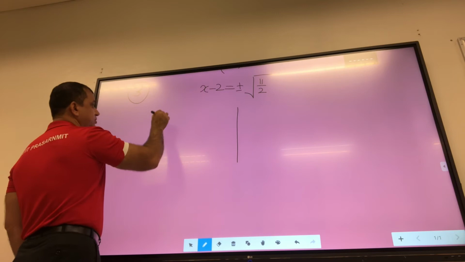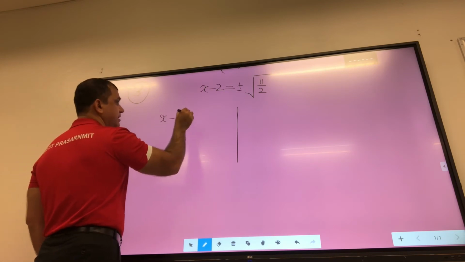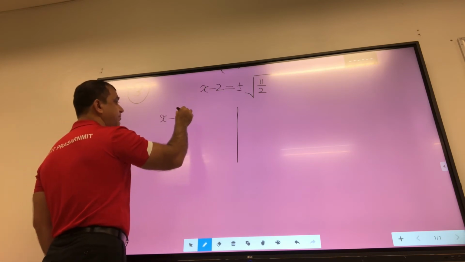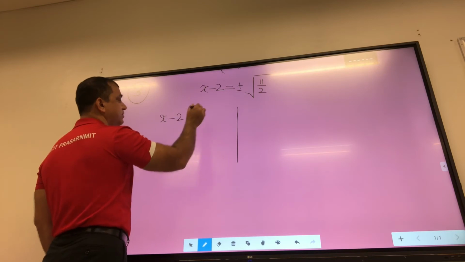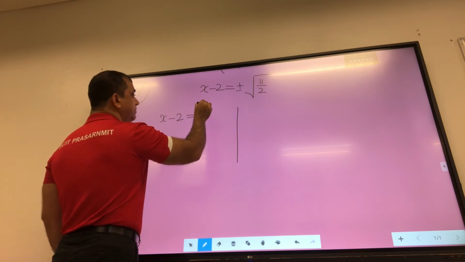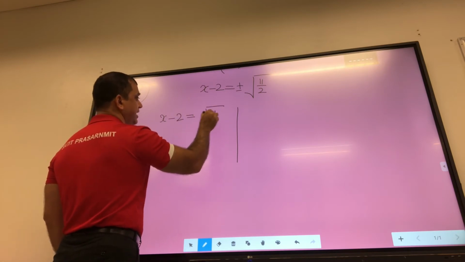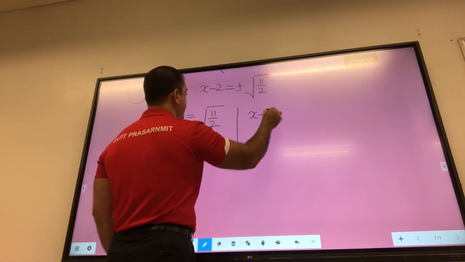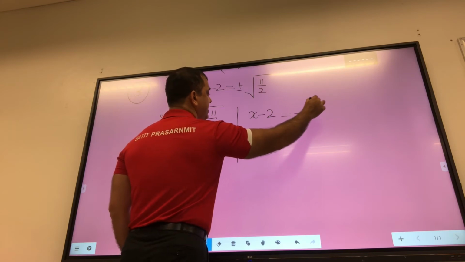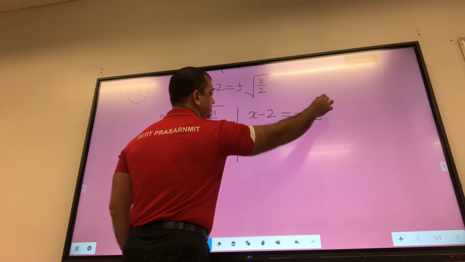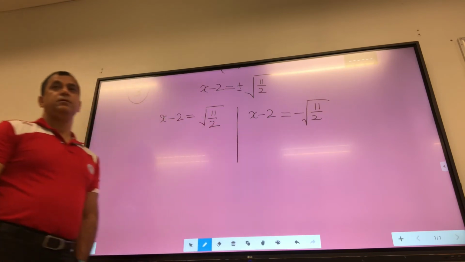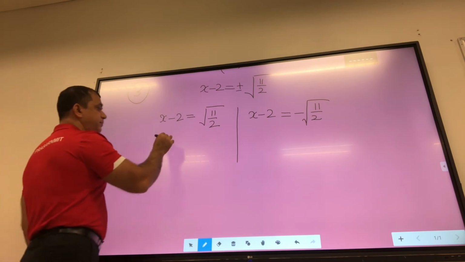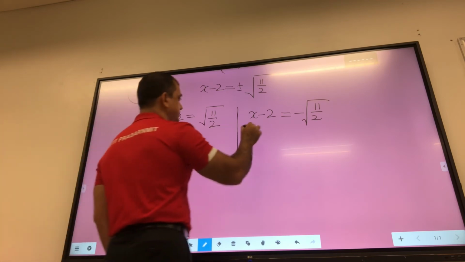One side you take the positive sign: x minus 2 is equal to plus square root of 11 by 2. The other side you take the negative: x minus 2 equals minus square root of 11 by 2. The next step is plus 2 on both sides.